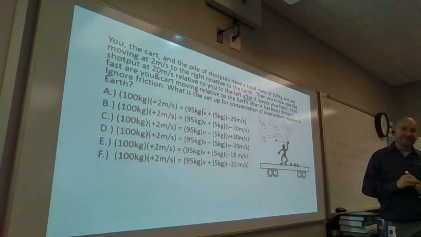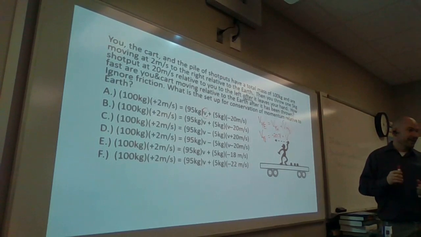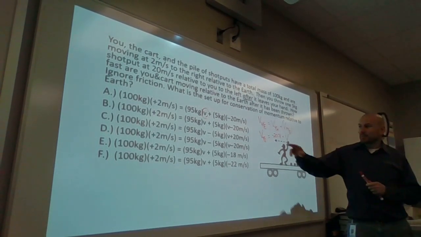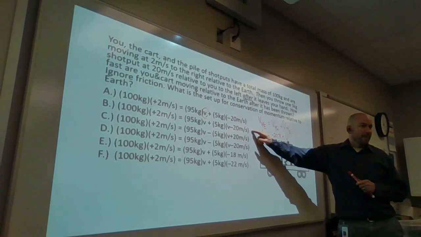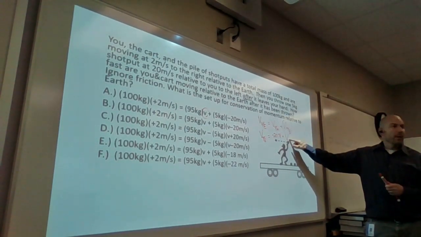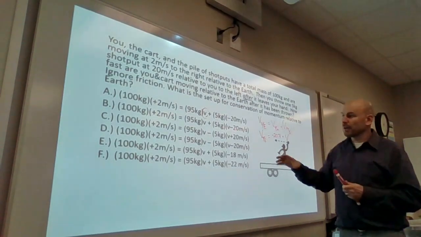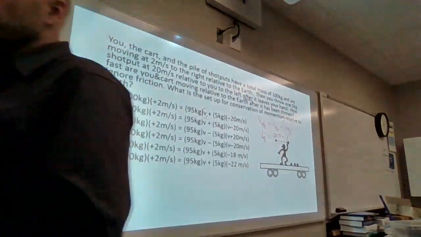No, not a trick question. Just a tricky question. Okay? So the correct answer is B. Because this is the velocity not before it was thrown, but after it was thrown. That's how fast it looks like relative to the cart after it was thrown.